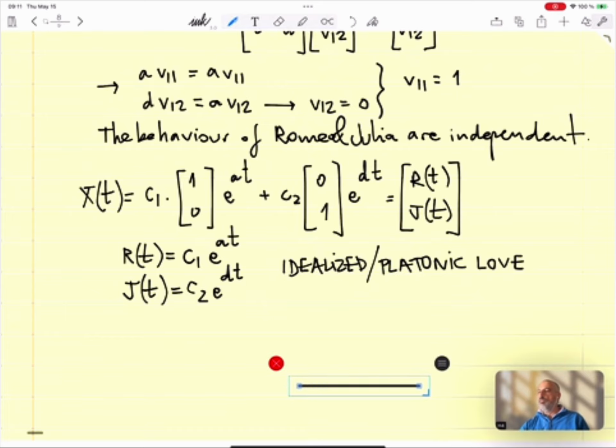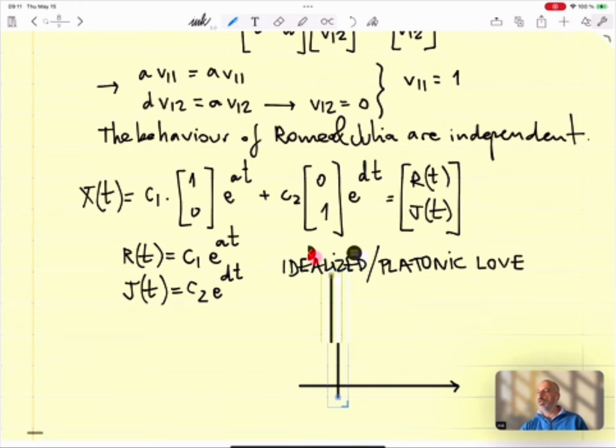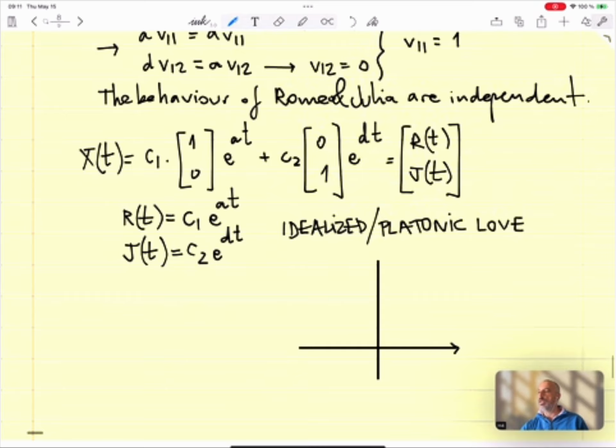If they are in love, let's say A and D are positive, we can represent this in a two-dimensional phase diagram.